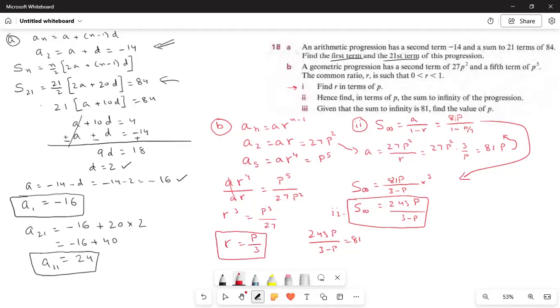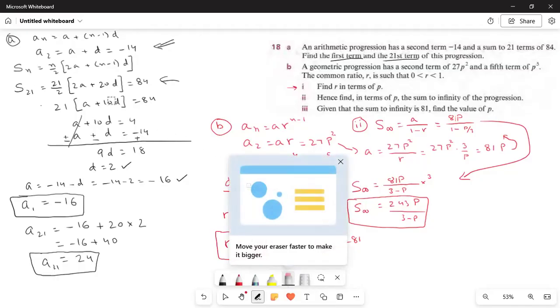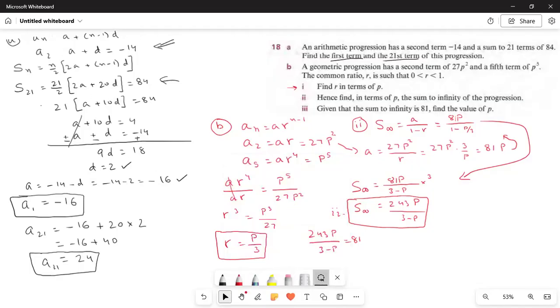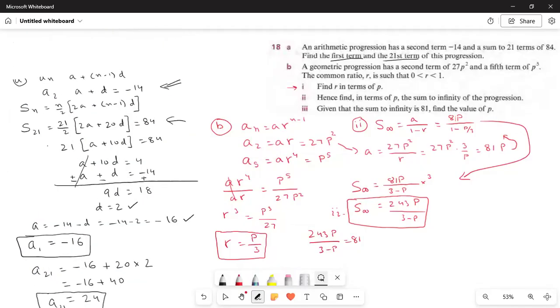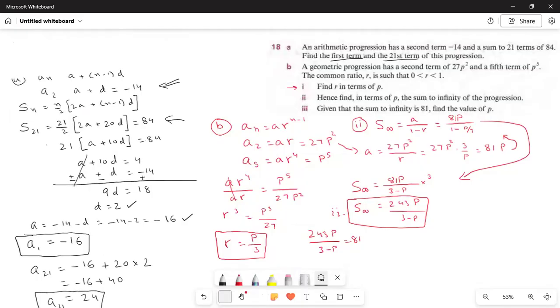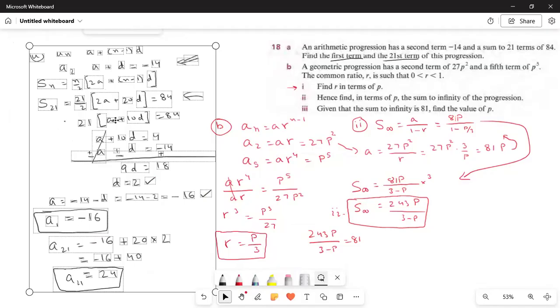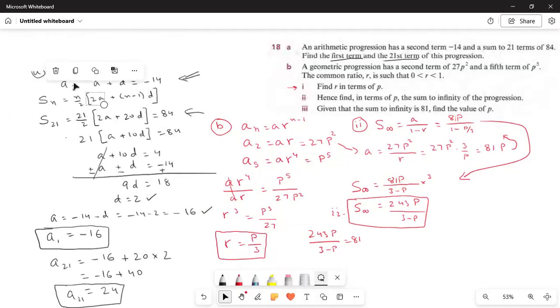So pretty simple. Let me erase something so that I can have some room. Okay, how do I do this one? Oh, come on.